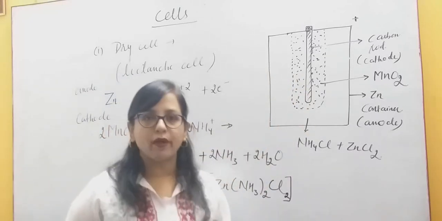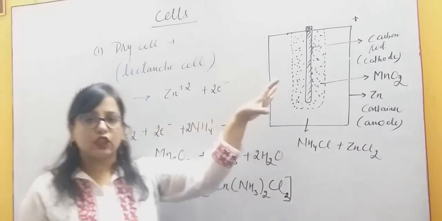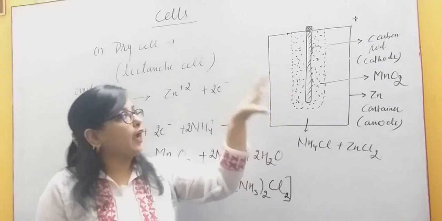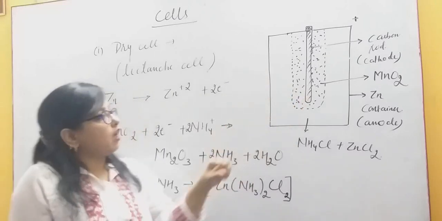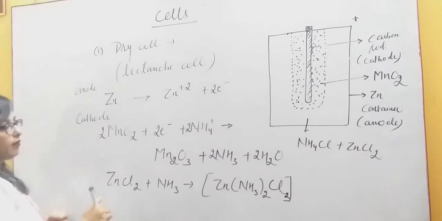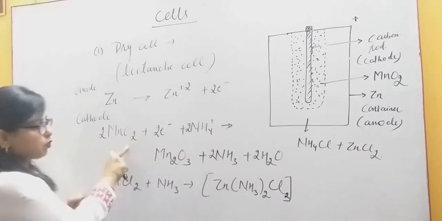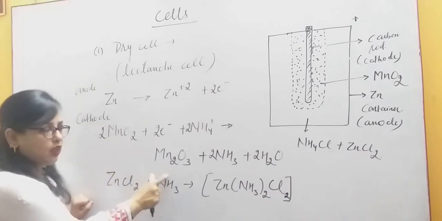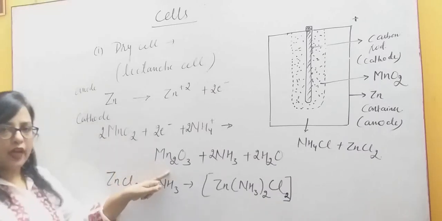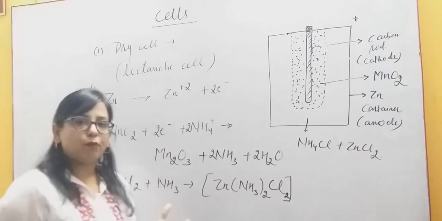Now what is the drawback of this cell? First, it makes water. That's why this cell corrodes after some time. It cannot be recharged because water is formed in this reaction. And the second thing is MnO2 is converted into Mn2O3, and this Mn2O3 is again converted into MnO2 by the oxidation process.